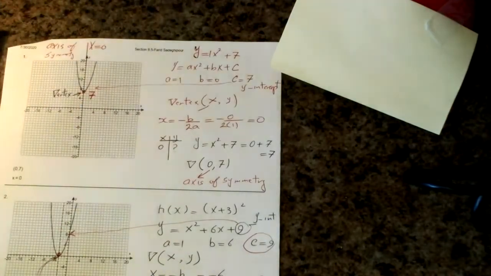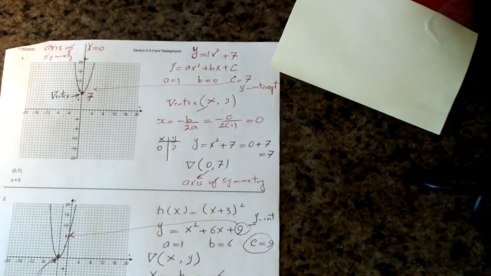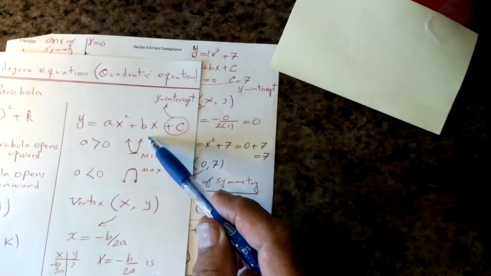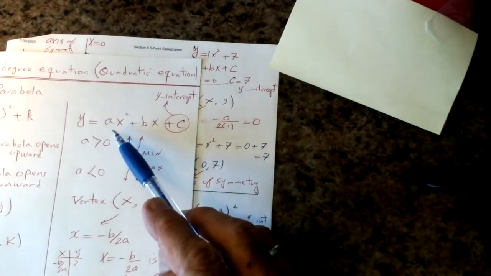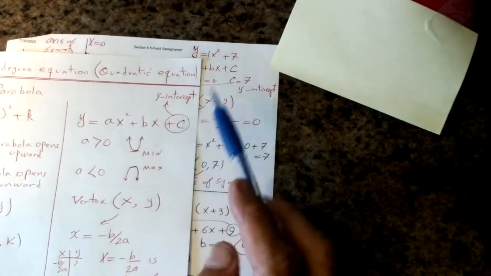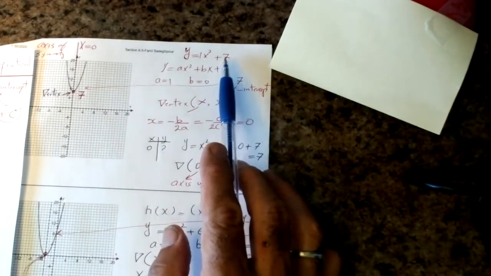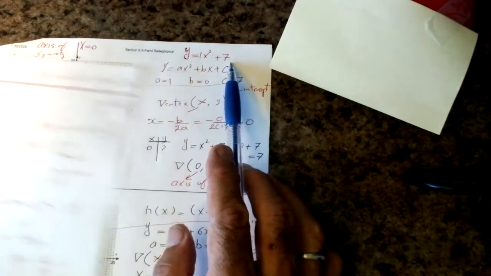It sounds like I need to use these equations. In this equation, you have a, b, and c. But here, I have y equals x2 plus 7. You don't see any x term.